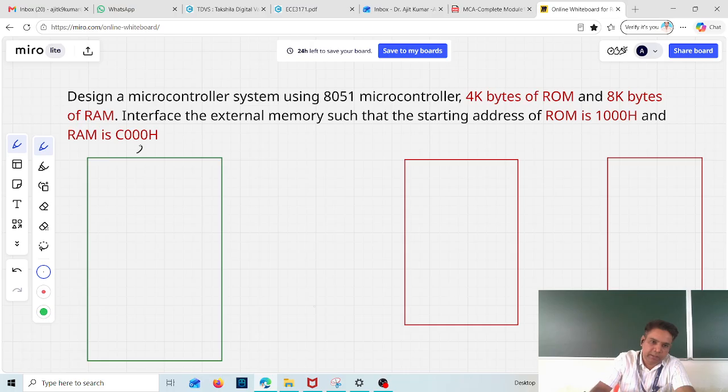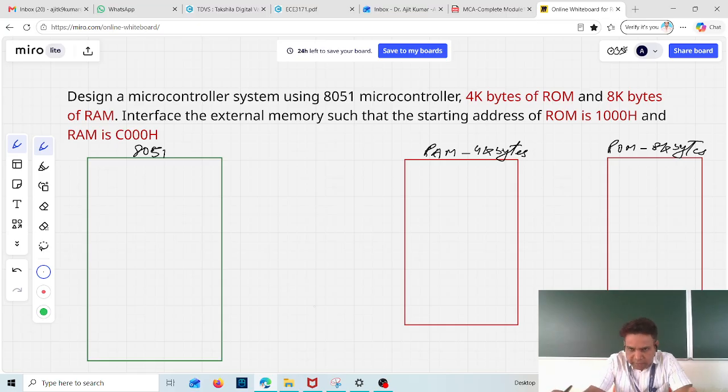Let us assume this is the 8051 microcontroller, this is our RAM, 4 kilobytes, and this is the ROM whose capacity is 8 kilobytes. We'll interface these two memory chips with our 8051.